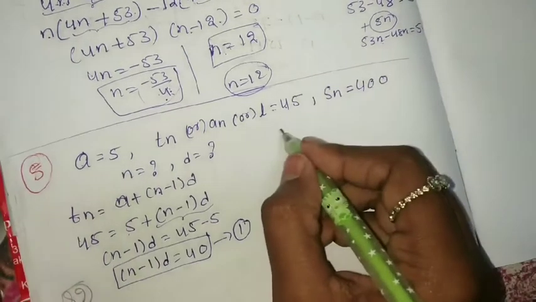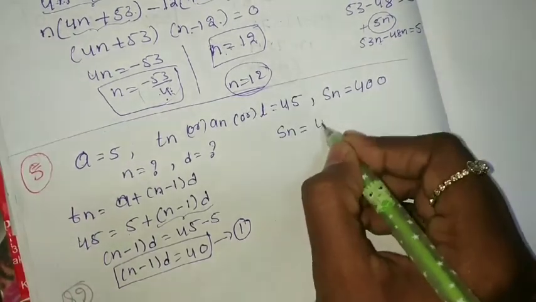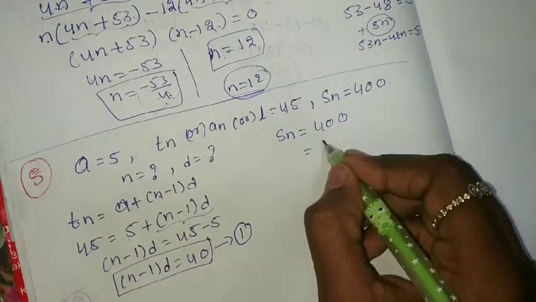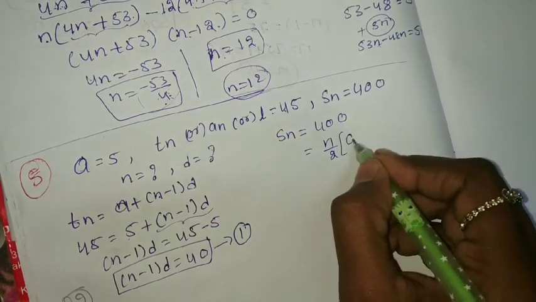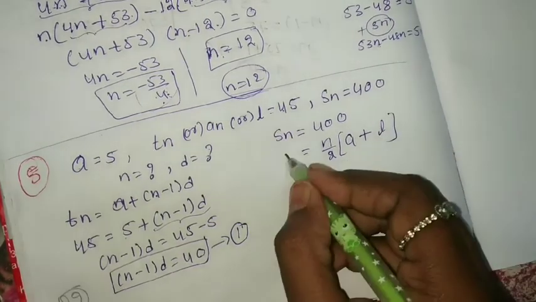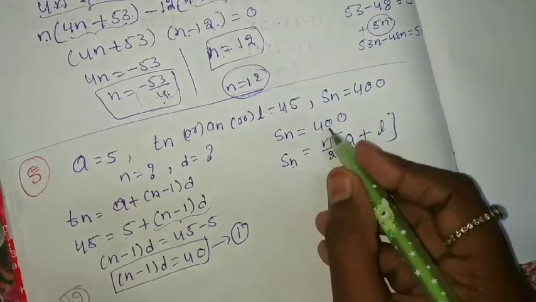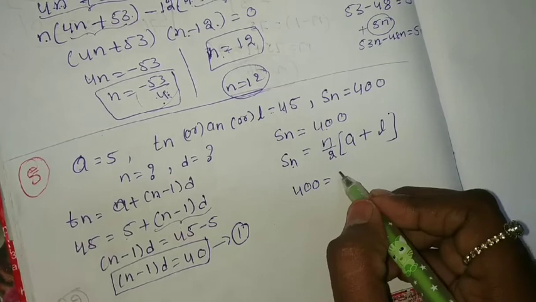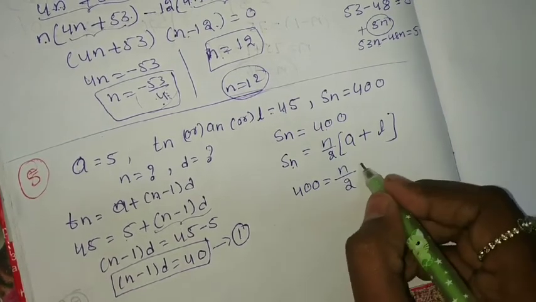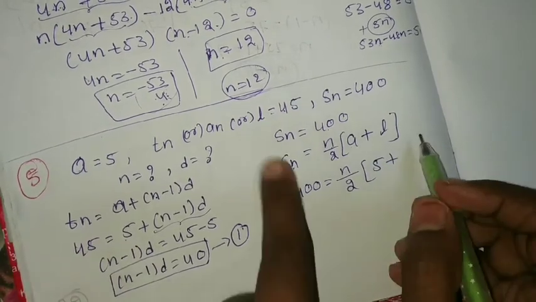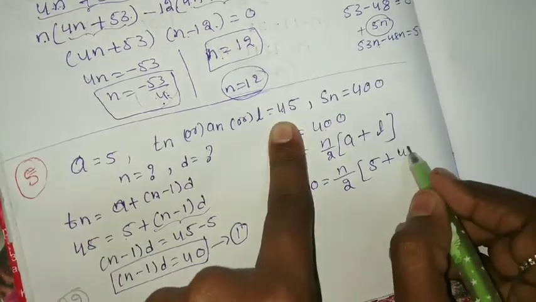Now what is Sn here? Sn is equal to 400. What is the formula of Sn? Sn is n by 2 into a plus L, that means the last term. So Sn is 400, equal to n by 2. We don't know n, so write n as it is. What is a? a is 5. What is the last term here? 45.